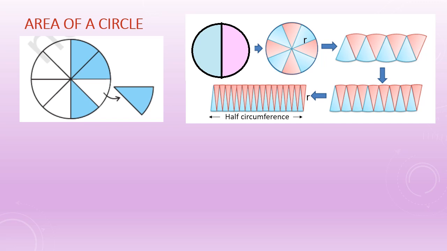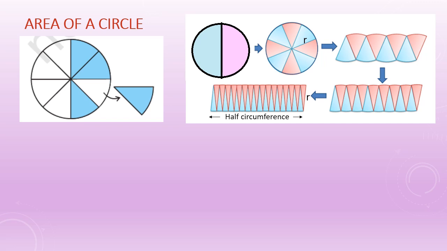See, this is half part of the circle. That means half of the circumference of the circle. In the upper part also, half of the circumference of the circle. That means if we join these pieces together, we get a circle again. That means the length is the half circumference of the circle.